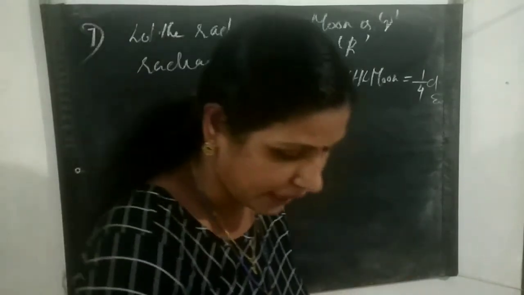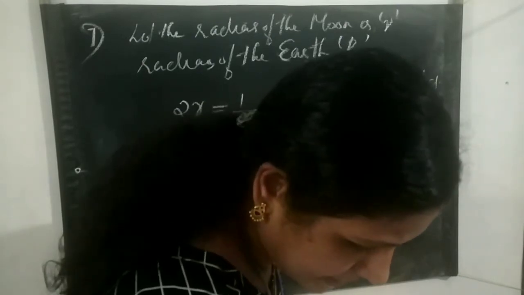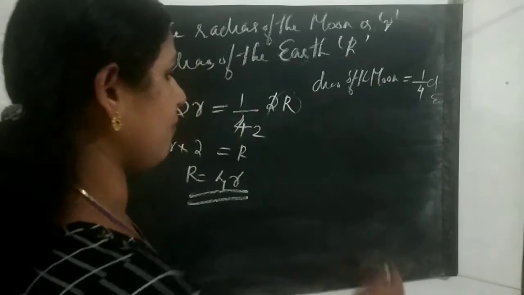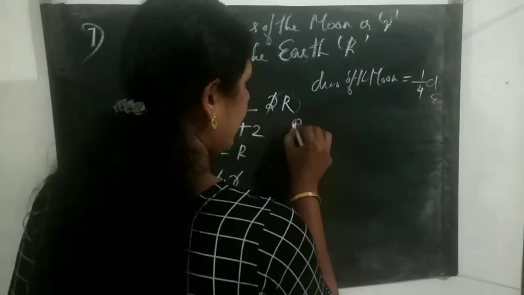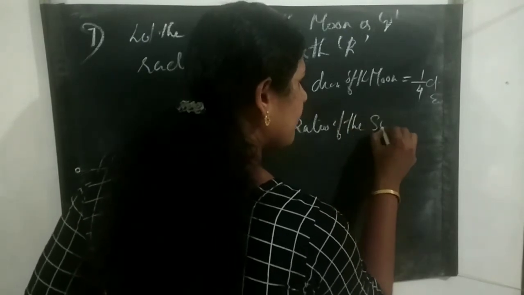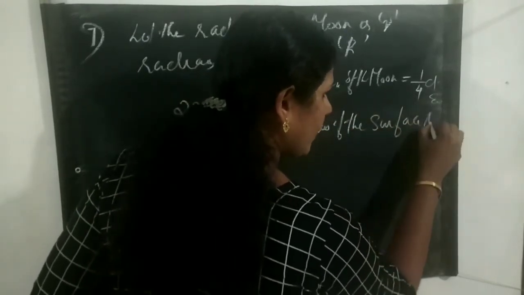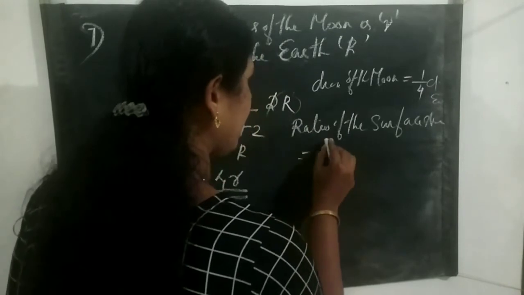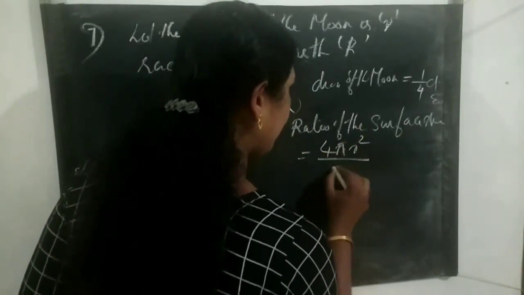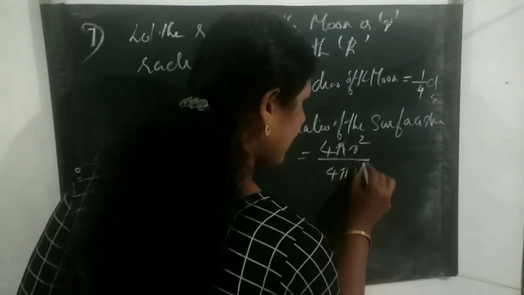Now we have to find the ratio of their surface areas. Ratio of the surface area is 4 pi small r square divided by 4 pi capital R square.